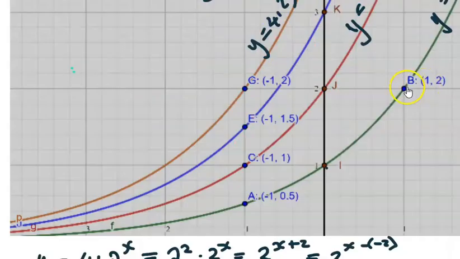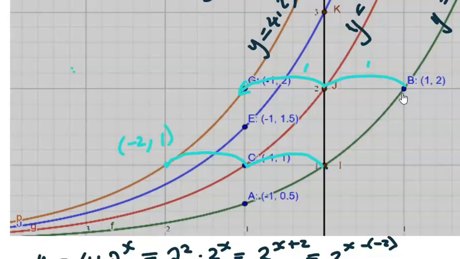If I look at what happens at b equal to 1, then I see I have the same y value, and we have shifted 2 units to the left. If I look at the value at 0, then I have to move 2 units to get to this corner here, which is minus 2, 1.